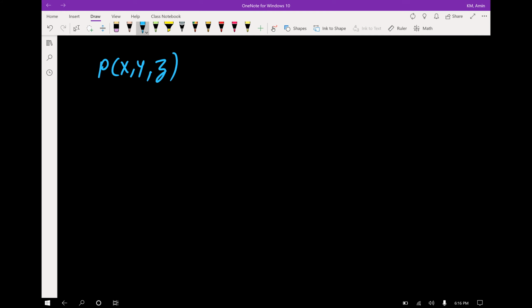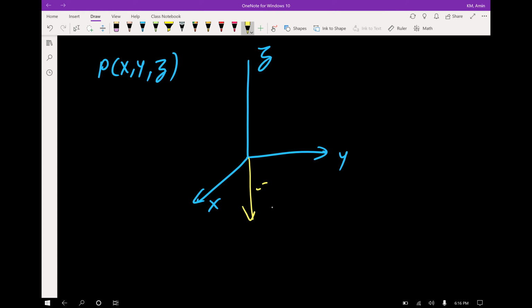All right, very simple. X, Y, Z. Do you guys see that this is the negative Z? Can you guys visualize that? That's the negative Y, and that's the negative X. Yeah?